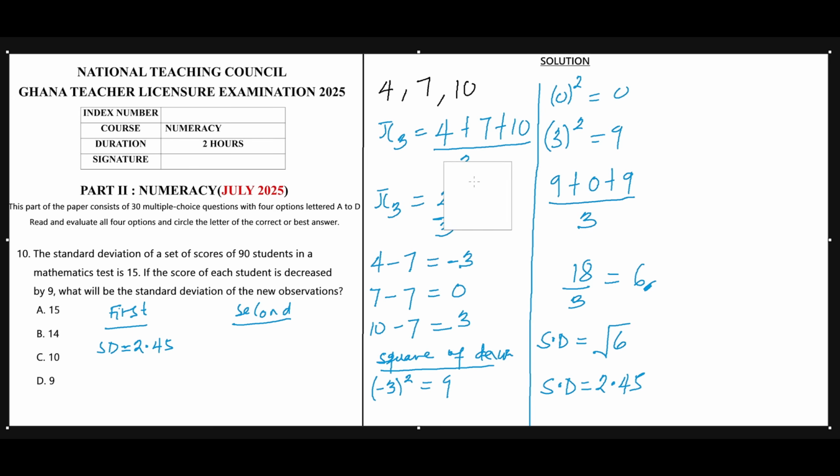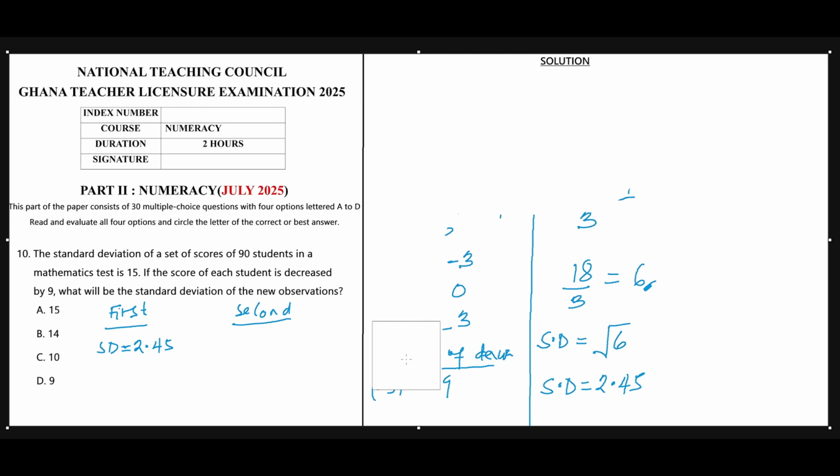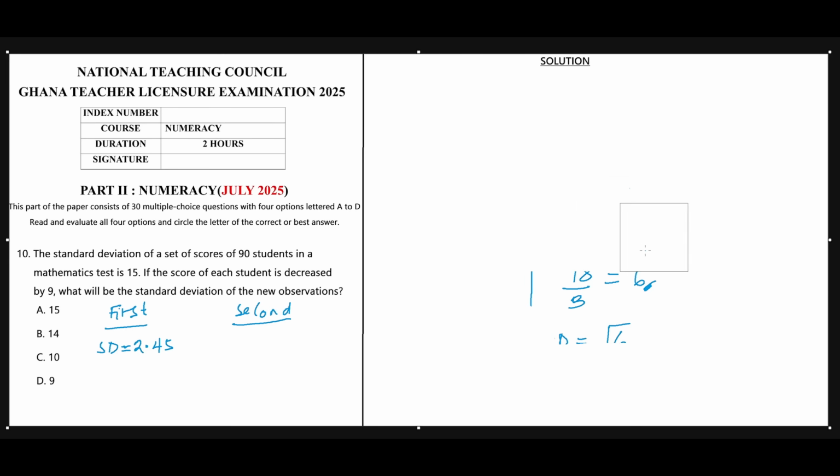With the second instance, this is what we are going to do. We are going to decrease the individual scores by a constant. In other words, we are going to reduce their individual scores by a constant. Remember, at first, their individual scores were 4, 7, and then 10.